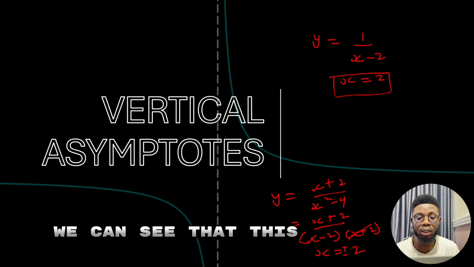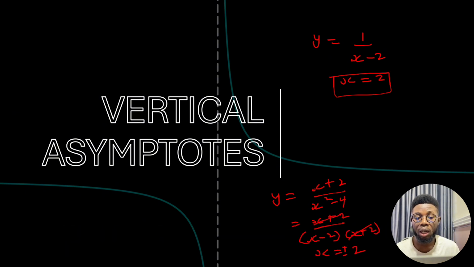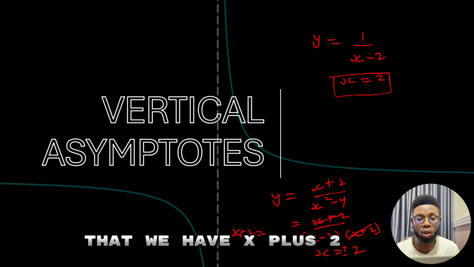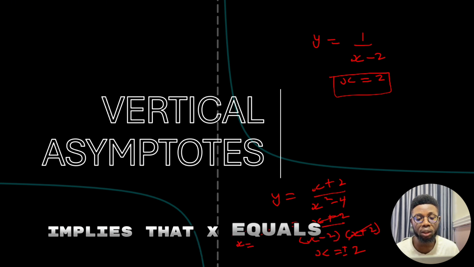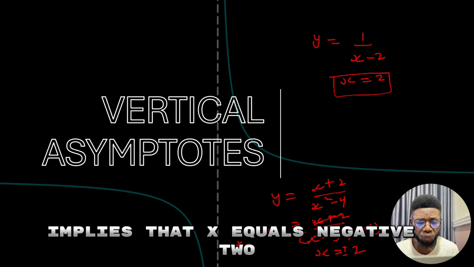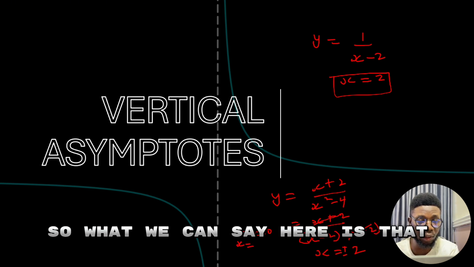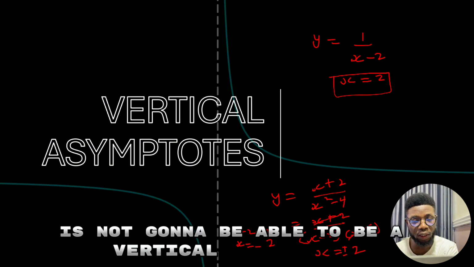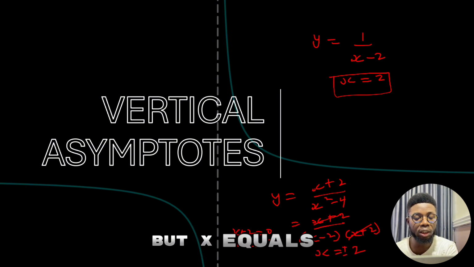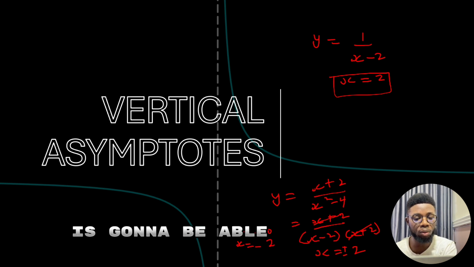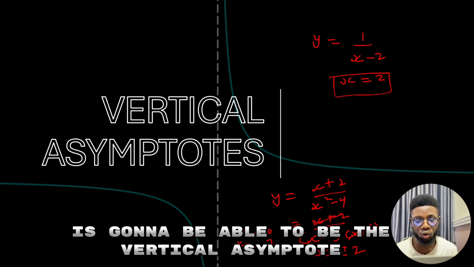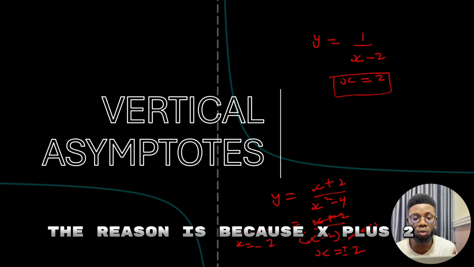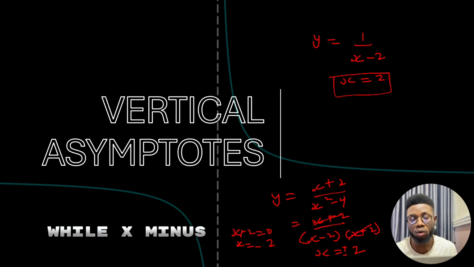However, we can see that this x plus 2 can cancel out. And it is when we have x plus 2 equals 0 that x equals negative 2. So what we can say here is that x equals negative 2 is not going to be a vertical asymptote, but x equals 2 is going to be the vertical asymptote. The reason is because x plus 2 cancels out, while x minus 2 does not cancel out.